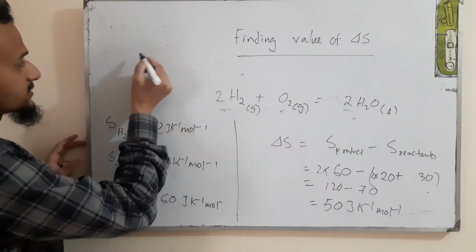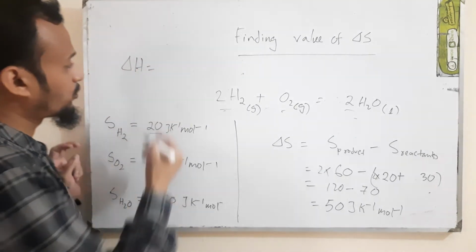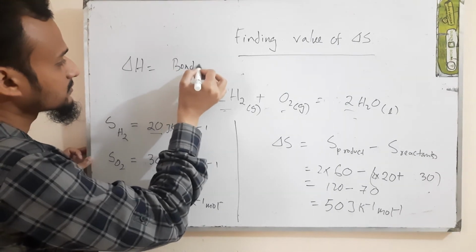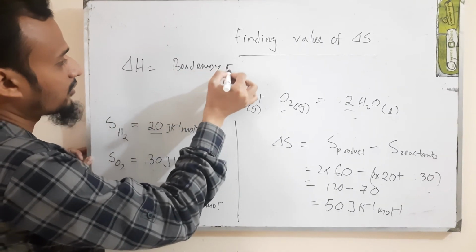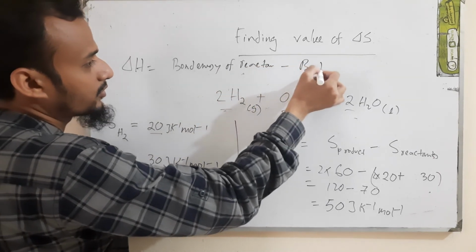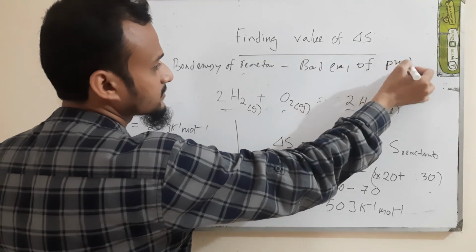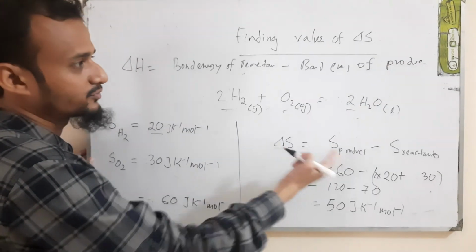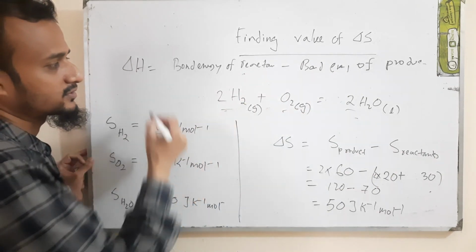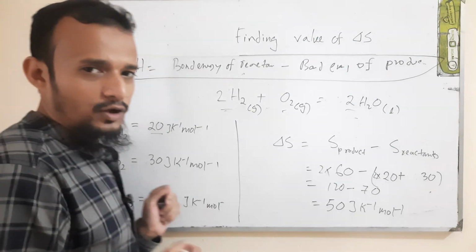When we calculate bond enthalpy, delta H of a reaction, what we do is bond energy of reactant minus bond energy of product. But here it is not like that. Remember, it is product minus reactant, not reactant minus product. This is something that you need to keep in mind. I hope you understood.